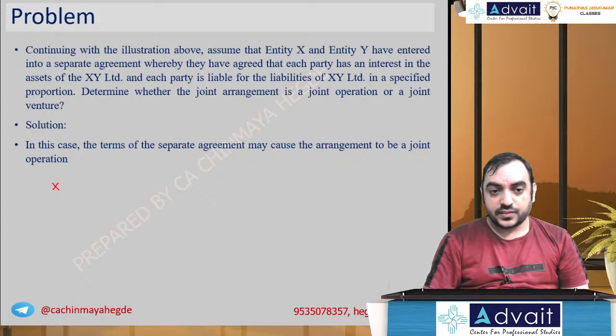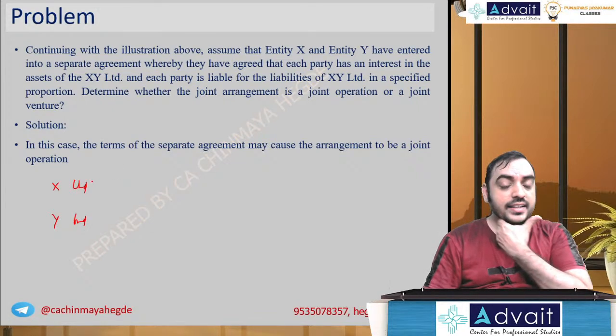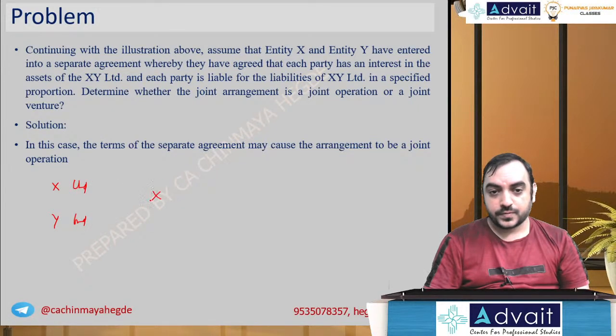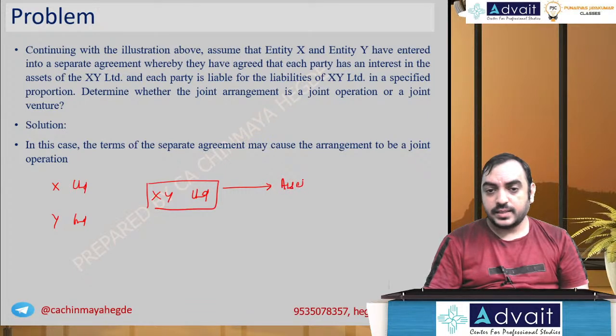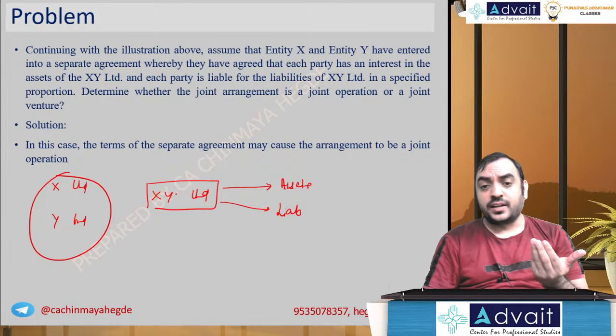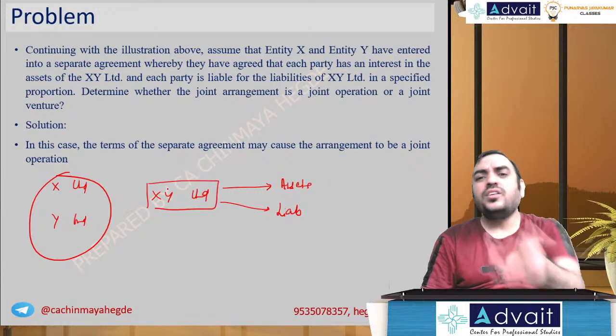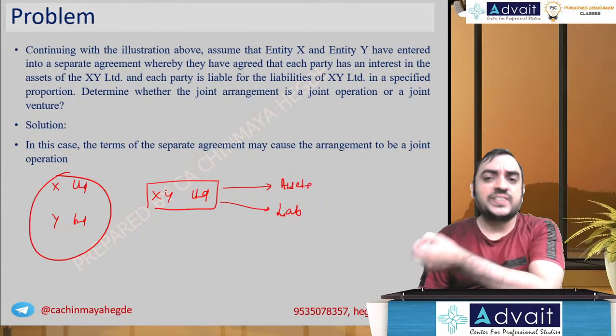See, entity X Limited and Y Limited have come together and formed XY Limited. And XY Limited has got some assets and some liabilities. So X Limited and Y Limited don't really own the individual assets and liabilities, right?